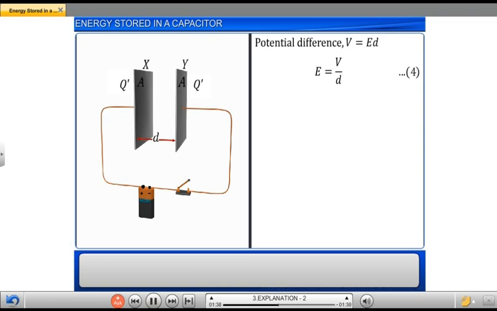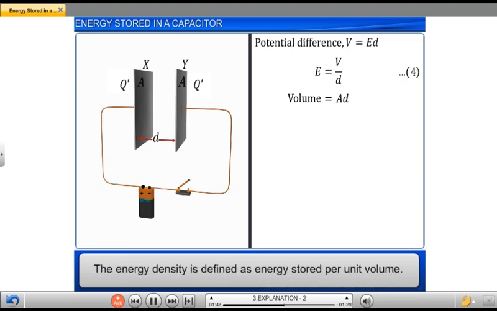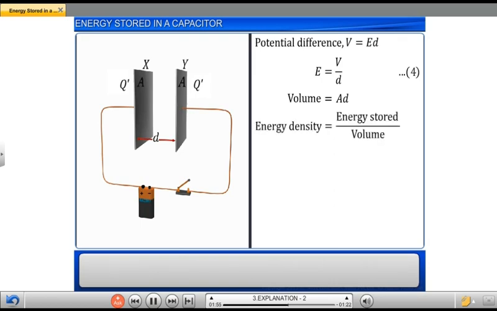The electric field fills the region between the plates, and this region has a volume equal to area A into distance D. The energy density is defined as energy stored per unit volume. Therefore, energy density is equal to the energy stored divided by volume. This is equal to half CV squared divided by AD, since the volume is equal to AD, which is equal to CV squared by 2AD.